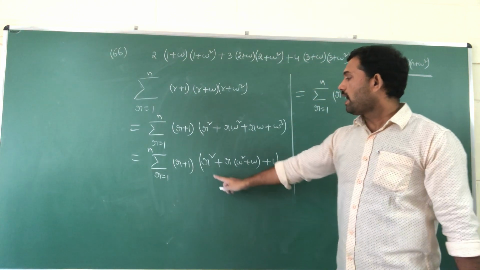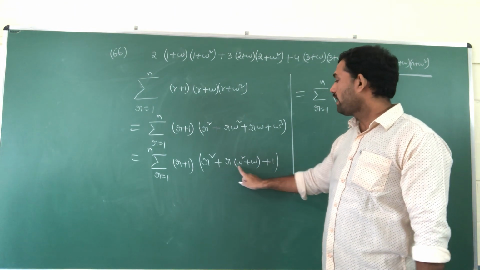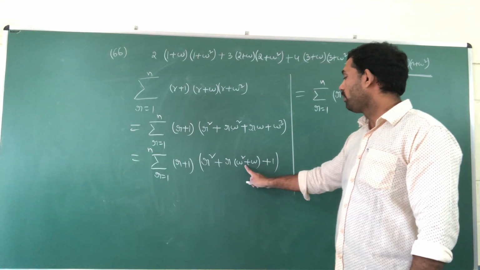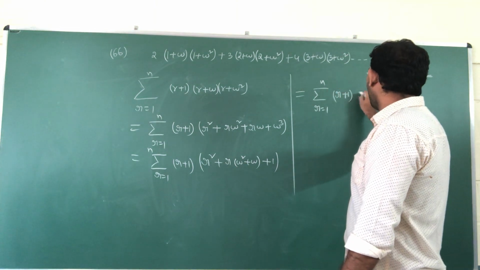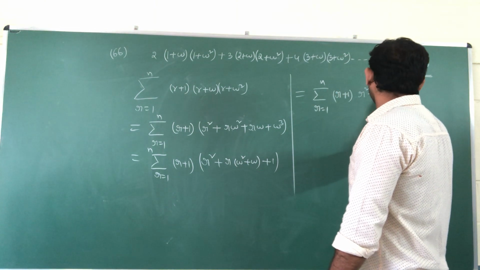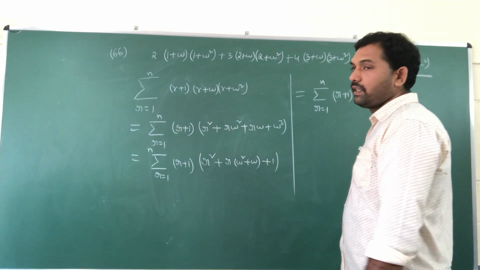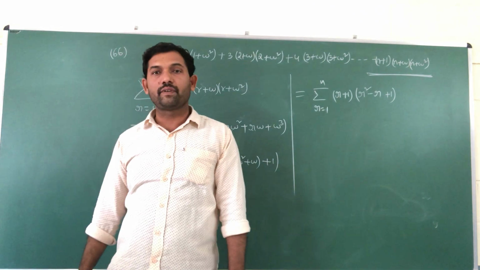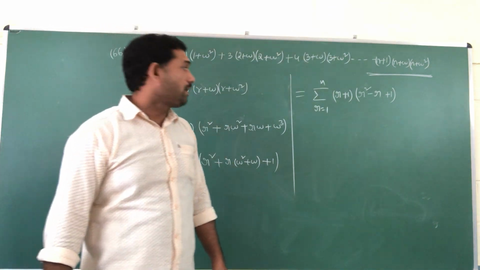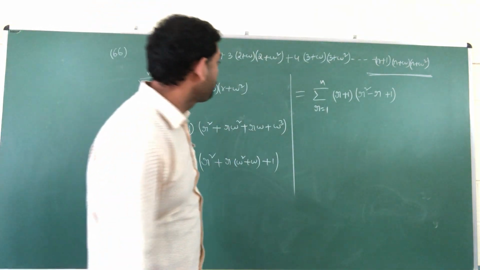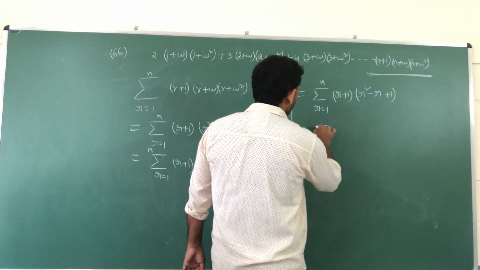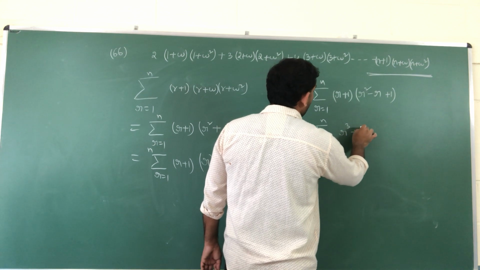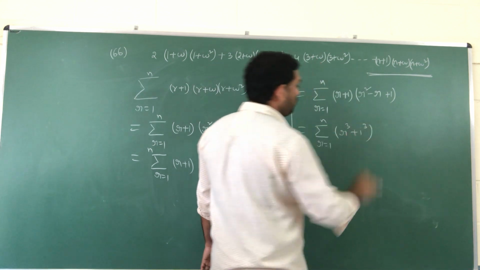See here, r square plus r into omega square plus omega, the value is minus 1. So minus 1 into r. So r square minus r plus 1. R plus 1 into r square minus r plus 1 is nothing but sigma r is equal to 1 to n, r cube plus 1 cube. r cube plus 1 cube, a cube plus b cube formula.